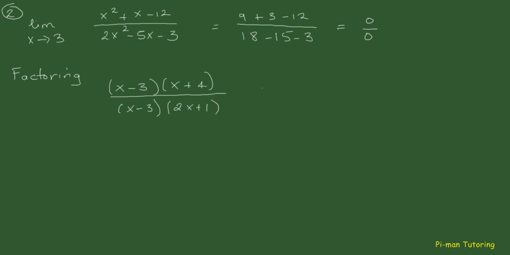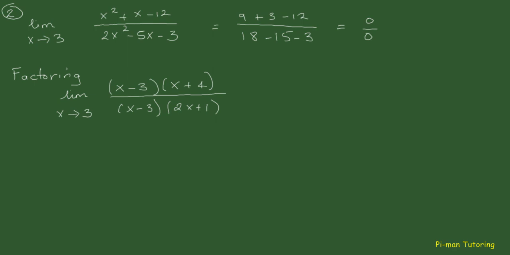Hopefully you all remember how to factor. If not, there'll be a video on that to remind you. So we're able to now write that the limit we're looking for is the same as the limit as x tends to 3 of this function.